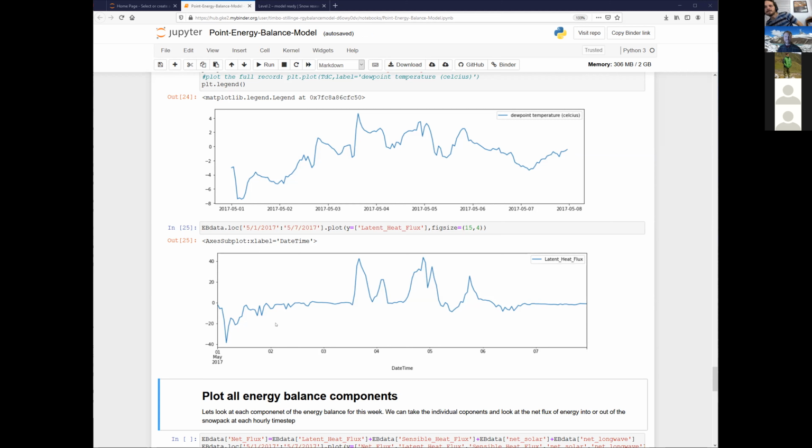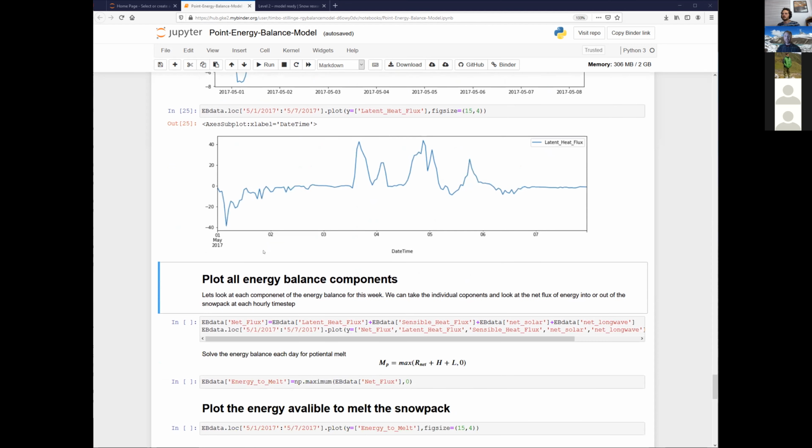So if energy is leaving the snowpack from latent heat exchange, which is similar to what we saw with the longwave, right, Timbo? Yeah.